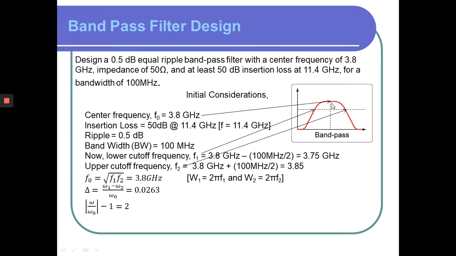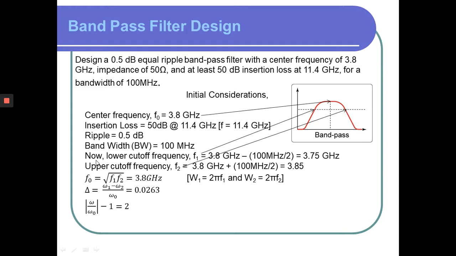It means that at the center frequency, this is half of the bandwidth and this is half of the bandwidth. So from the center frequency, if we subtract half of the bandwidth, we'll get F1. And if we add half of the bandwidth, which is 50 megahertz, we'll get F2.